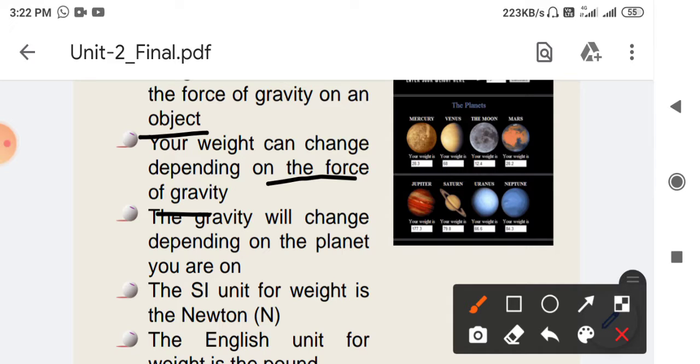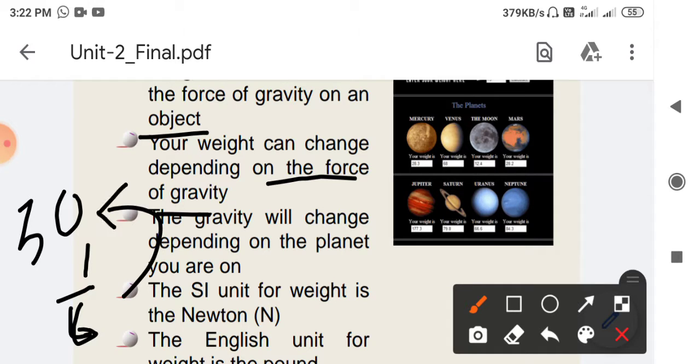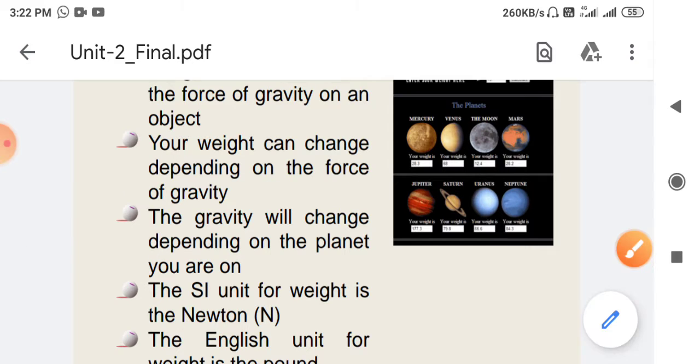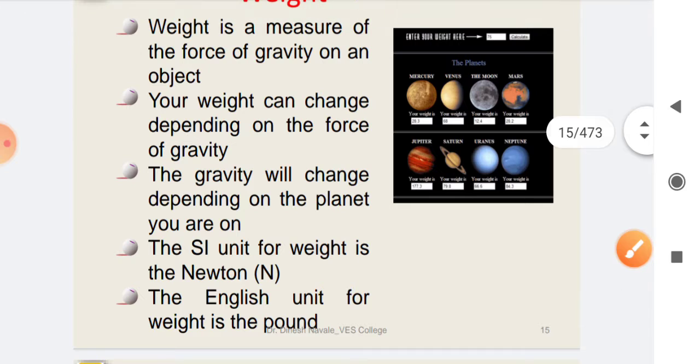If we went to the moon or some space station, the gravitational force is quite less. The gravitation of the moon is around one sixth of that of the earth, so your weight will be reduced on the moon, to one sixth of that on the earth.